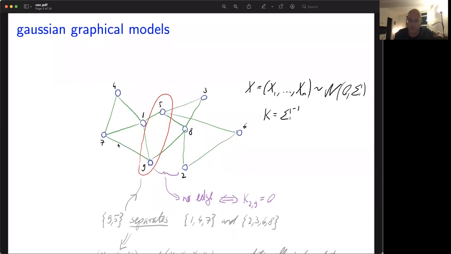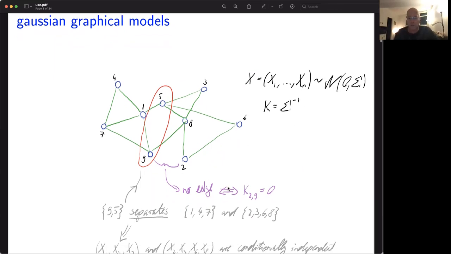Let's say we have a 9-dimensional Gaussian vector. Let's say 0 mean, that's not important for this talk. So we may assume that it's a 0 mean random vector with inverse covariance matrix K. The green lines are the edges in this graph.